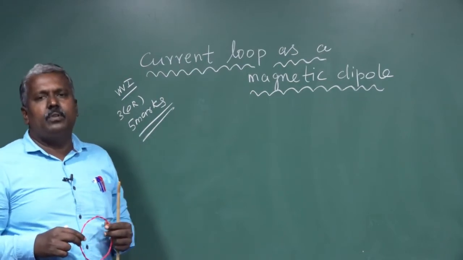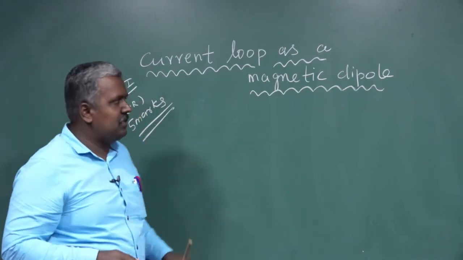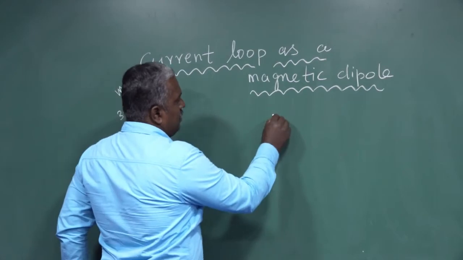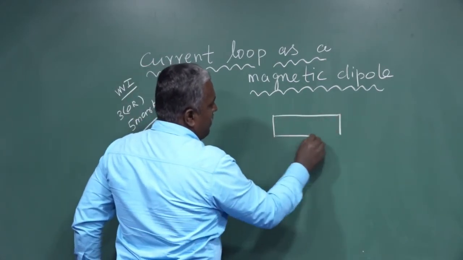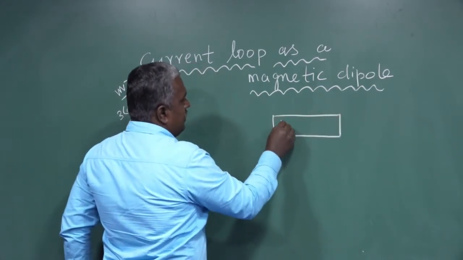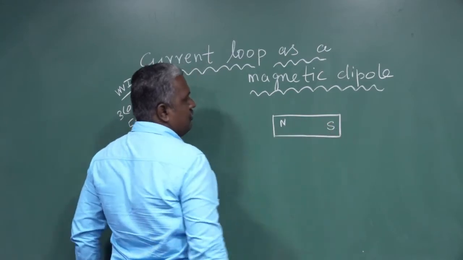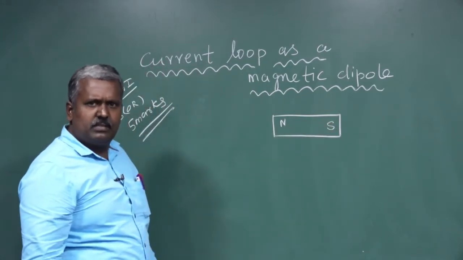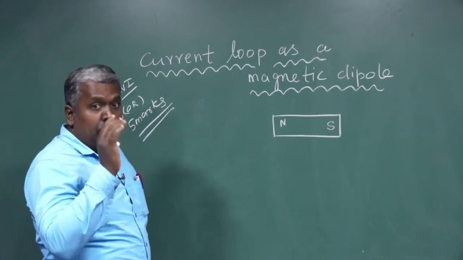What is magnetic dipole? Like bar magnet. I am correct or not? This is bar magnet. It consists of 2 poles, no? North pole and south pole. Like this.